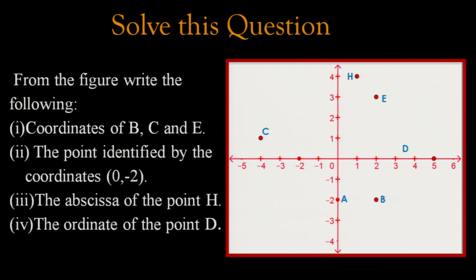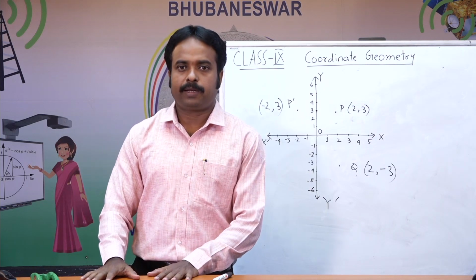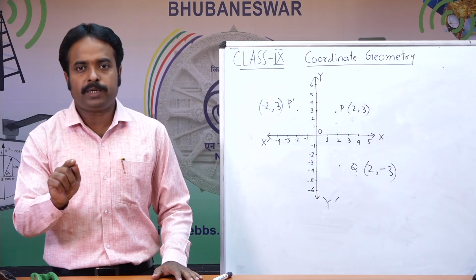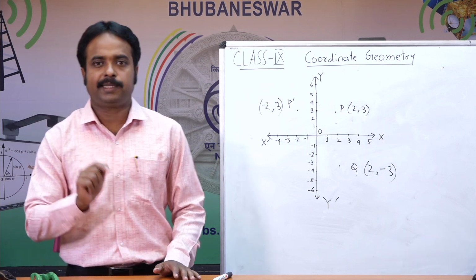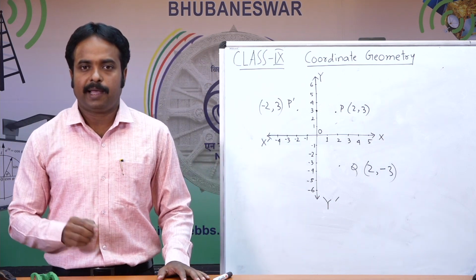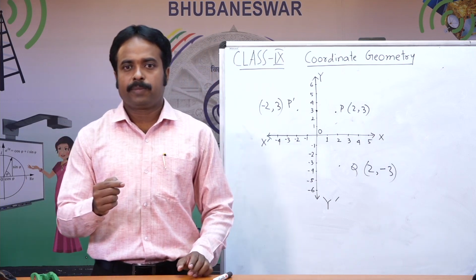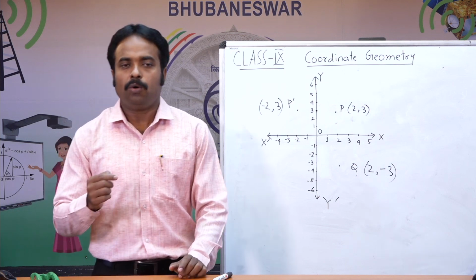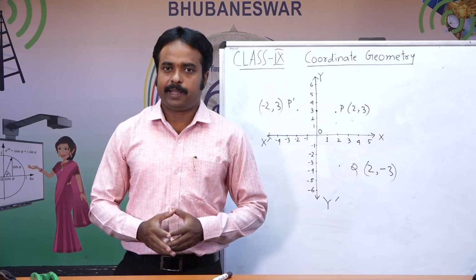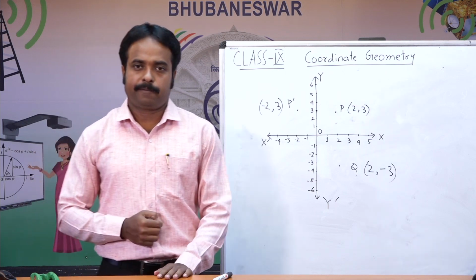Now, to find the coordinates of the point B, you see that it is very clear from this Cartesian plane that we have to go 2 units along the x-axis, obviously in the positive direction, and simultaneously we have to go 2 units along the y-axis, and the direction of the y-axis is negative here.